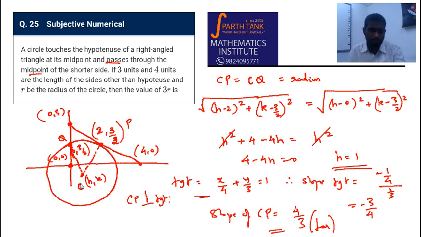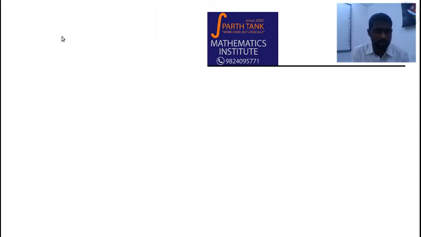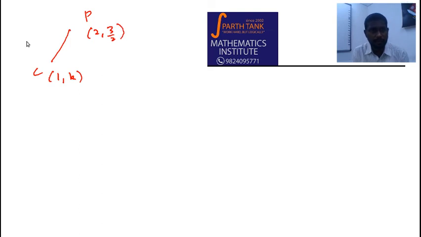Once I get the slope of CP, I write it using the point-slope form. CP passes through (1, k) and (2, 3/2), and the slope is already known to be 4 by 3. So 4 by 3 is (y2 minus y1) by (x2 minus x1).